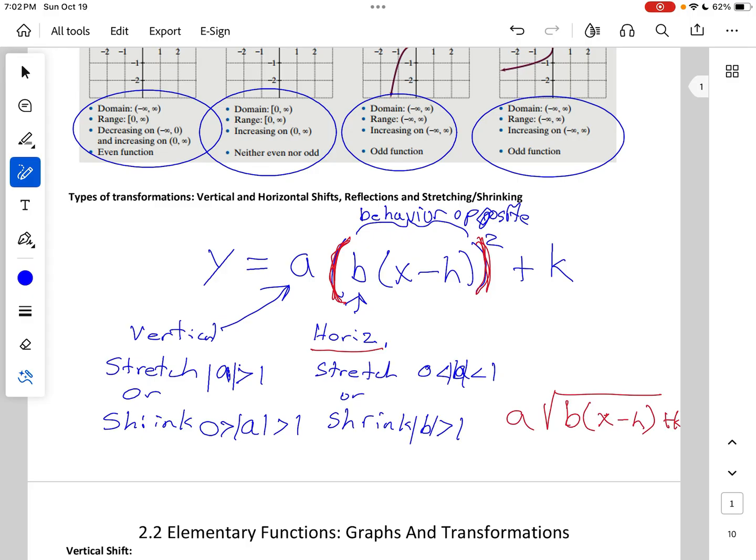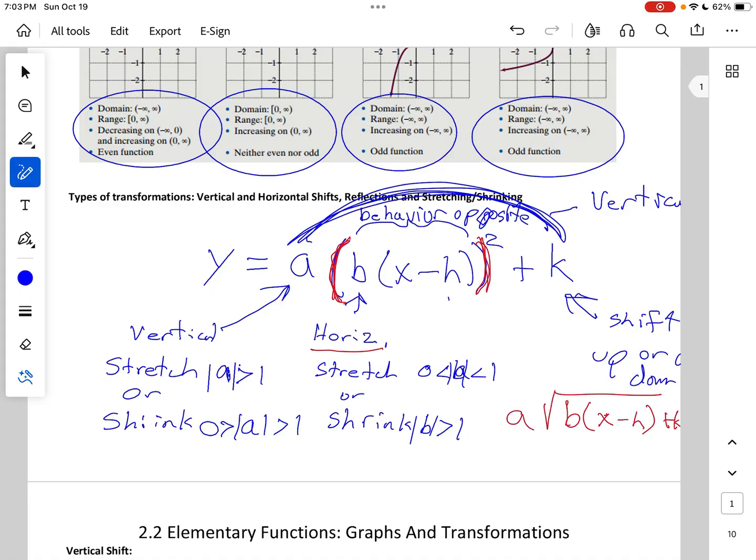So outside of dealing with the x is going to be your vertical transformations, okay? So in front is your vertical stretch or shrink, and then this is vertical shift up or down.